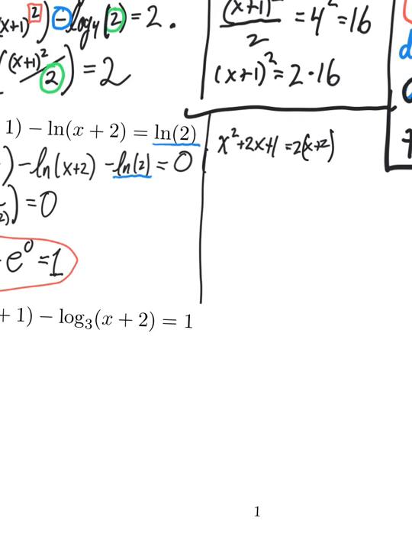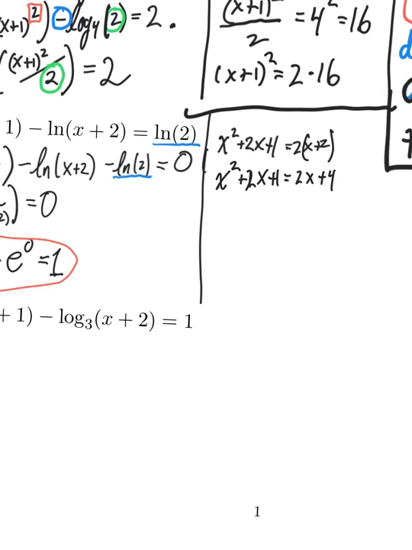Parentheses matter. Nice. So this looks like it's going to be an easy equation to solve. x squared plus 2x plus 1 is equal to, distribute out the right hand side, 2x plus 4.